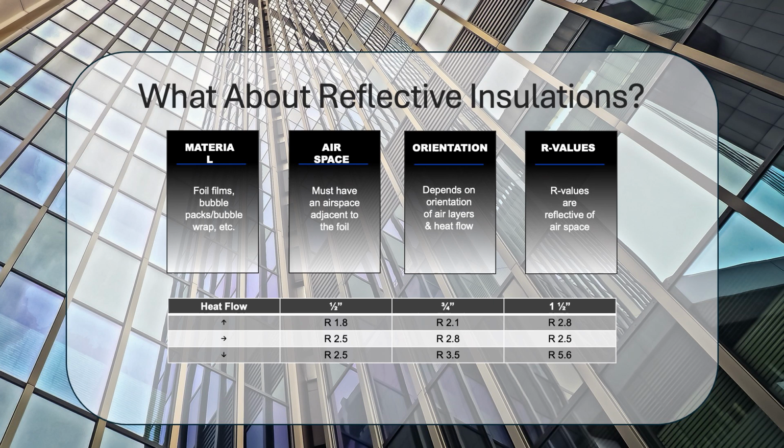Which direction the heat flows actually does make a big difference. So the little table here at the bottom, this is right out of the ASHRAE handbook. ASHRAE has done a great job of cataloging this sort of information all together, and this is just a little snippet of what's in the handbook. So depending on the thickness of the airspace and the direction of the heat flow, and this is just two shiny surfaces looking at each other, right?